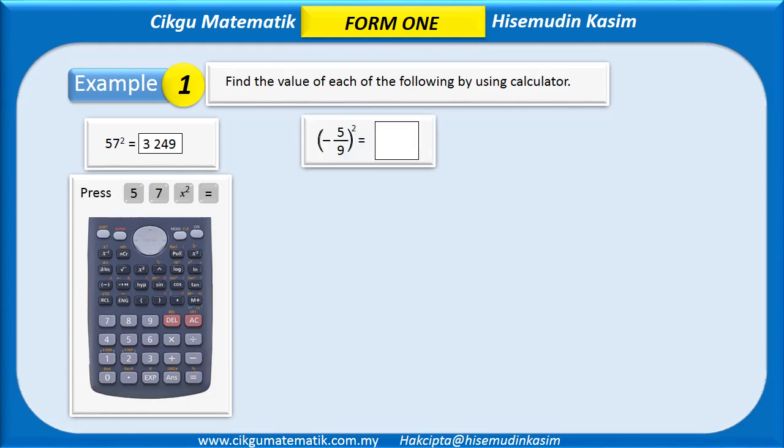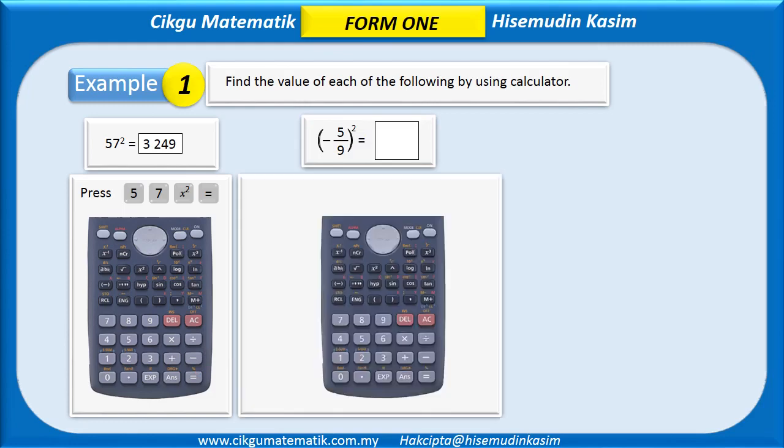Negative 5 over 9 squared. Press open bracket, negative 5, symbol of fraction, 9, close bracket, square, equal.